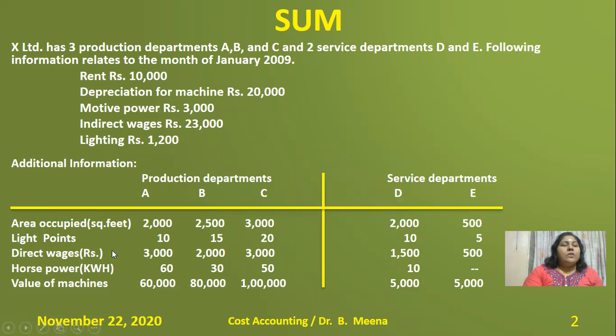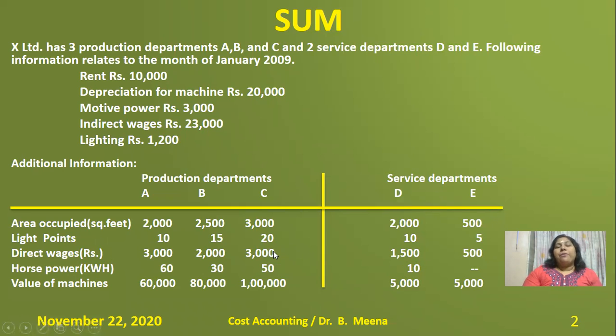Is there any wages and materials given? Yes, it is given wages. So this information, we can write it as the first item. Otherwise, you may forget. So we can write this item as the first item and show the basis as only actual and amount only in the service departments, not in the production departments.